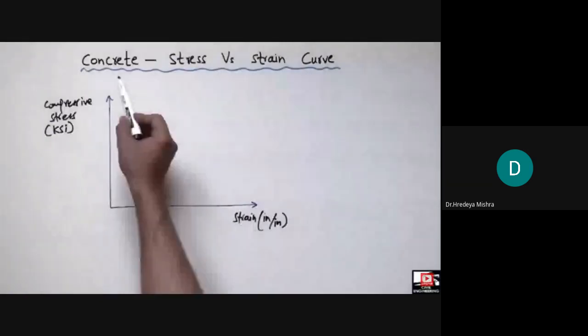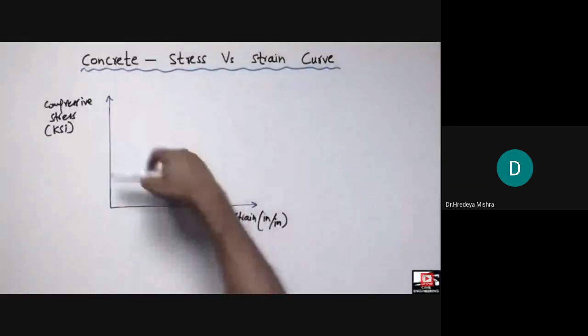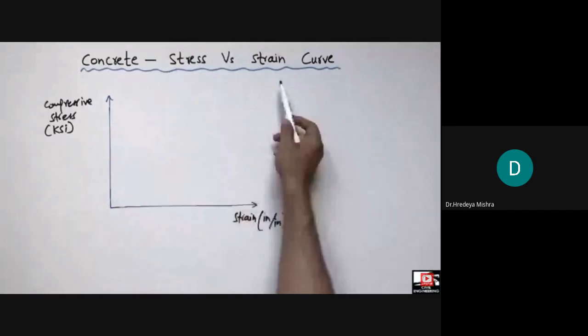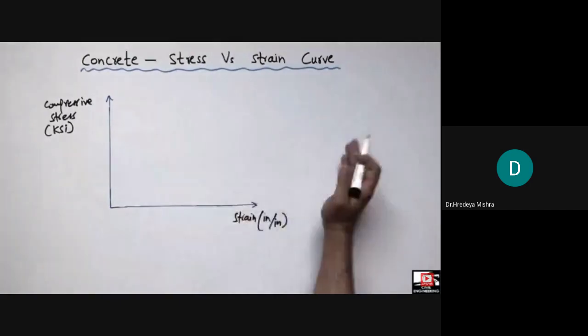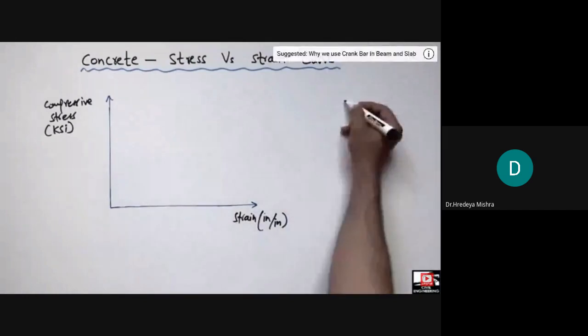To draw the curve between stress and strain for the concrete, we have to perform a test on a cylinder. Actually we make a cylinder.